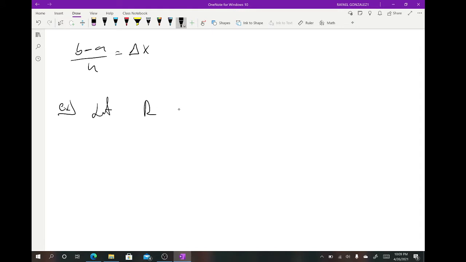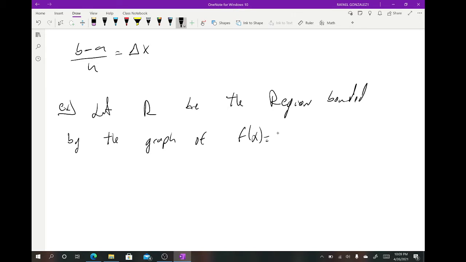Let R be the region bounded by the graph of f of x equals 3 times square root of x, and the x-axis, between x equals 4 and x equals 16.